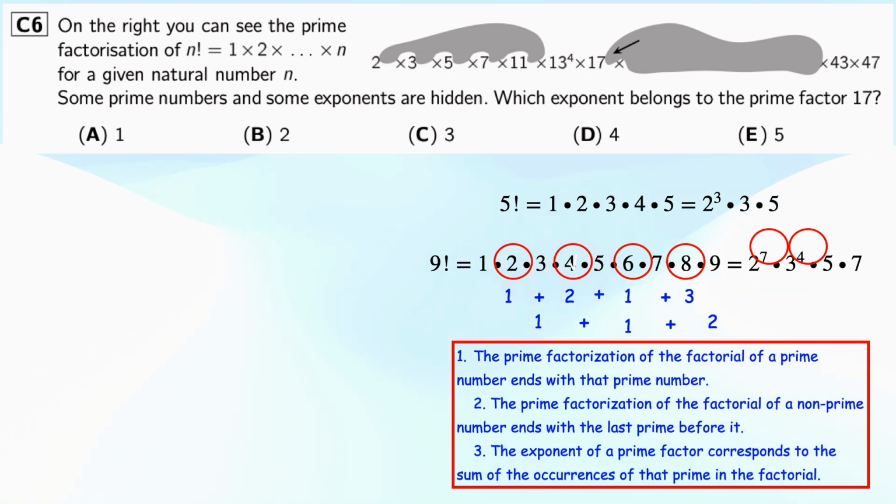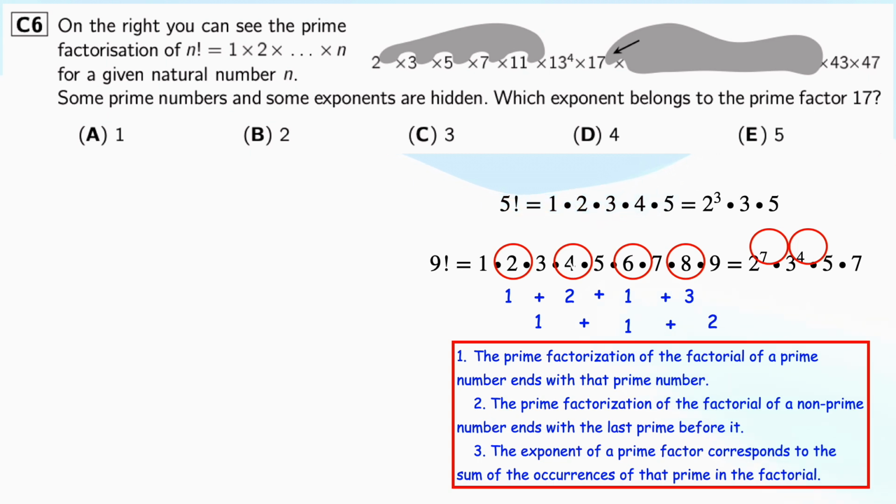Second, the prime factorization of the factorial of a non-prime number ends with the last prime before it. For example, 9 is not a prime number, so the prime factorization ends with 7, because 7 is the last prime number before 9.